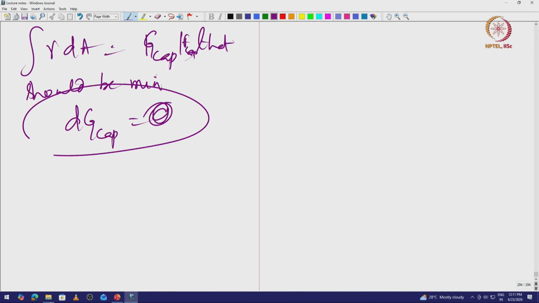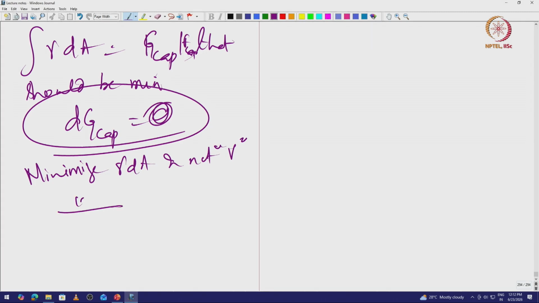Okay. So this is what we did essentially, you are minimizing gamma dA, you are not minimizing gamma, right. So minimize gamma dA and not gamma per se. And because of that, sometimes it is not just 100, I may also get a 110, right.